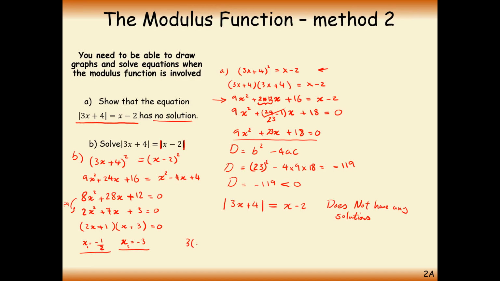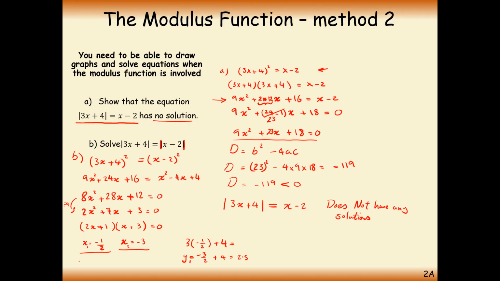So 3x, if we take x1 here, 3 times minus a half plus 4 will give us negative 3 over 2 plus 4, which is 2.45. And this is for y1 here.